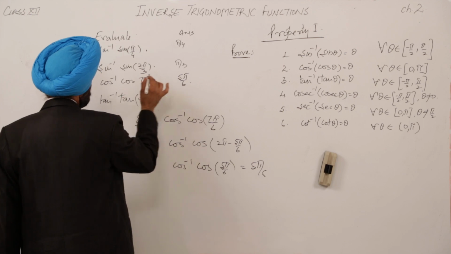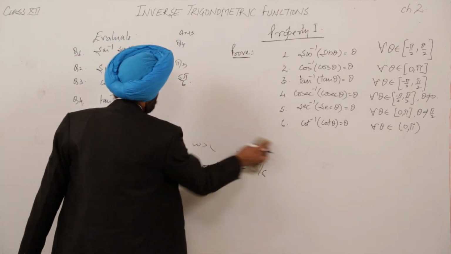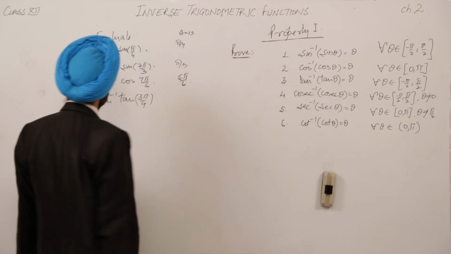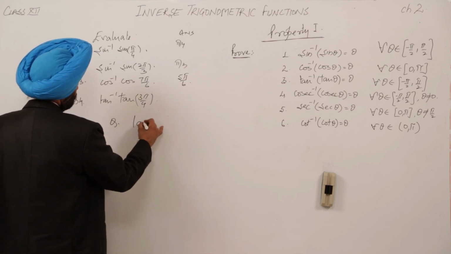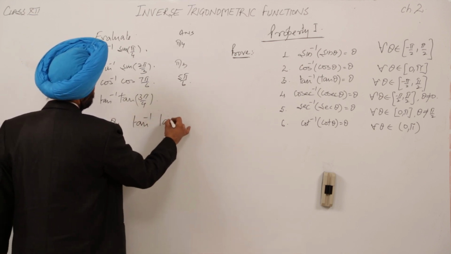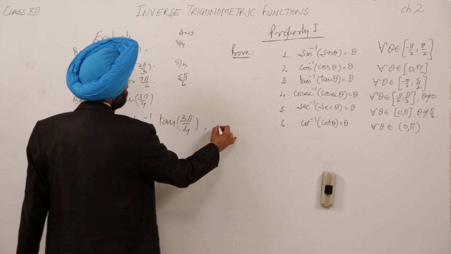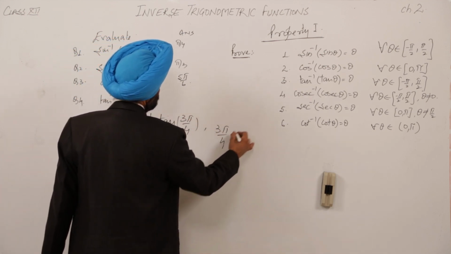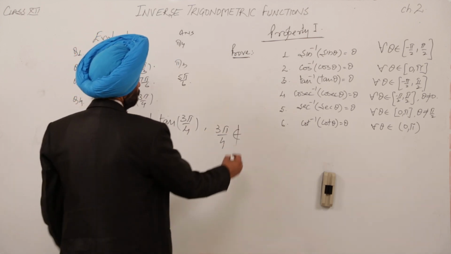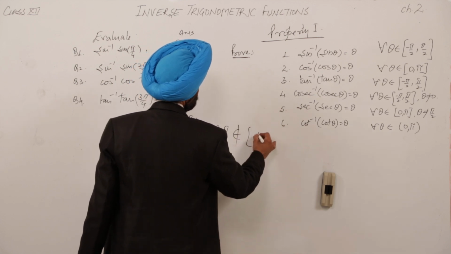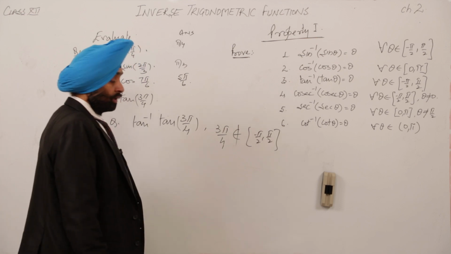Now coming to the last question. The last question is tan inverse tan 3 pi by 4. Again check it. Now here also 3 pi by 4 does not belong to minus pi by 2 to pi by 2.